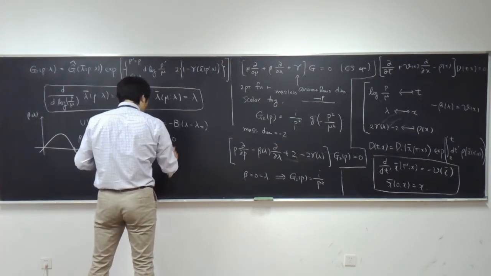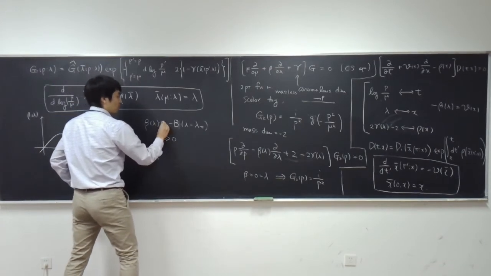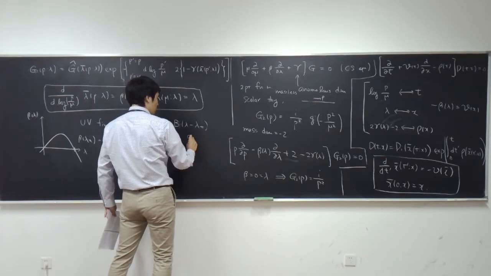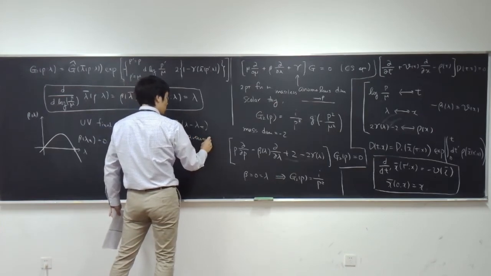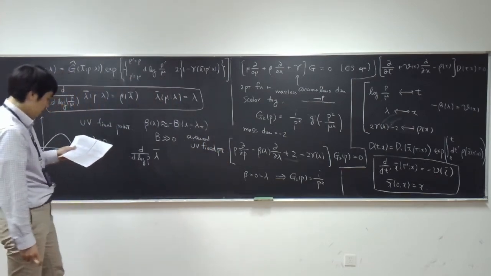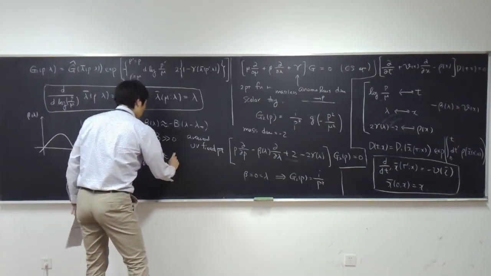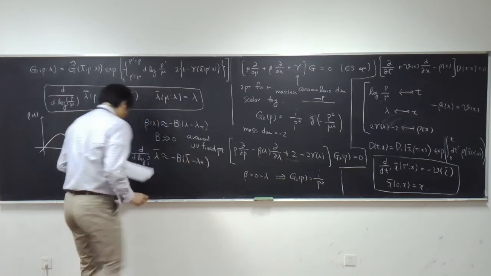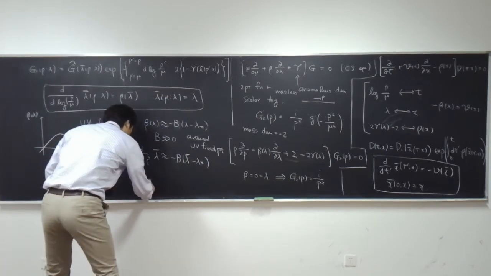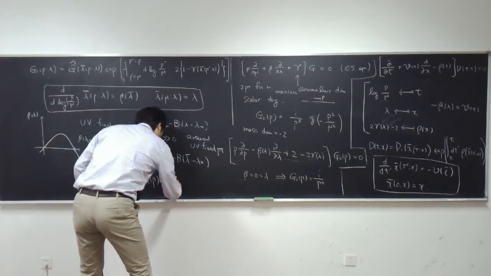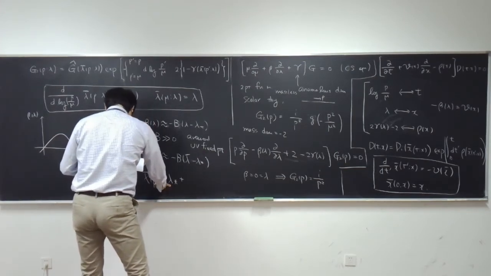This is approximately around the UV fixed point. You can linearly approximate lambda bar, and then one can just solve this linear equation as follows.